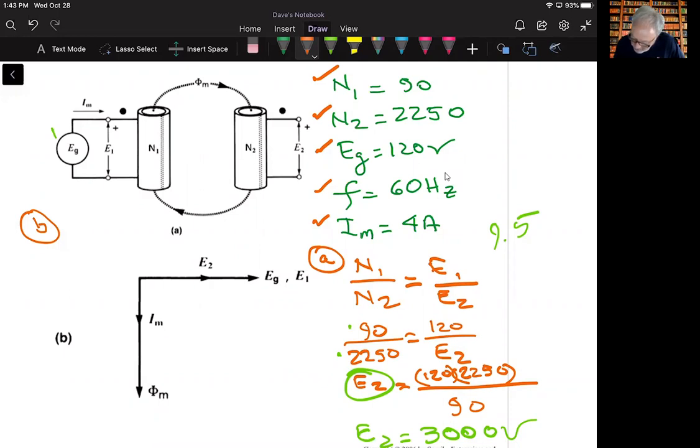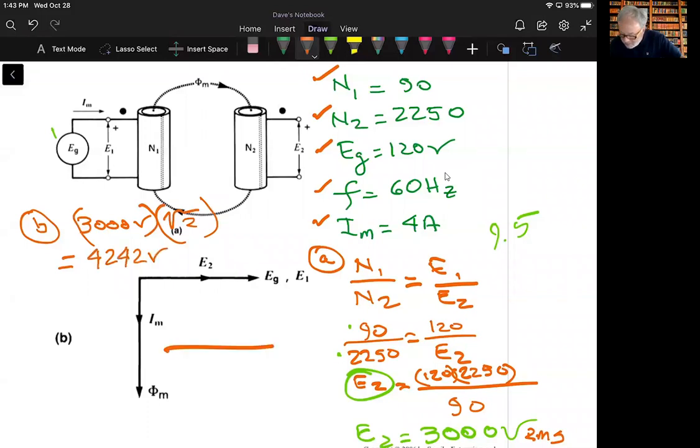So I multiply that by the square root of 2, and what I get is the square root of 2 times 3,000, or 4242 volts, as the peak voltage. Again, all this is sinusoidal, so we're looking at a peak voltage of 4242 for this 3,000 volt RMS.